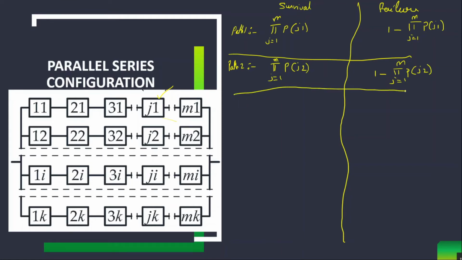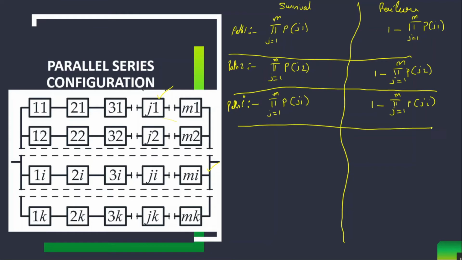Now if you are considering the ith path, path i, then the probability of survival of the ith path is the product of j equal to 1 to m of p of ji, and similarly the probability of failure of the ith path is 1 minus the product of j equal to 1 to m of p of ji.